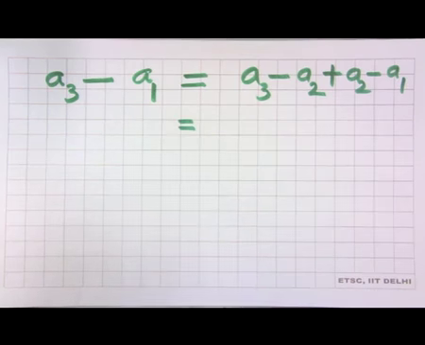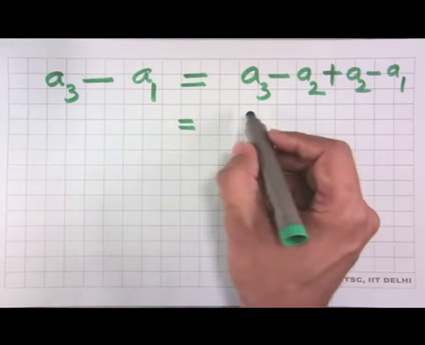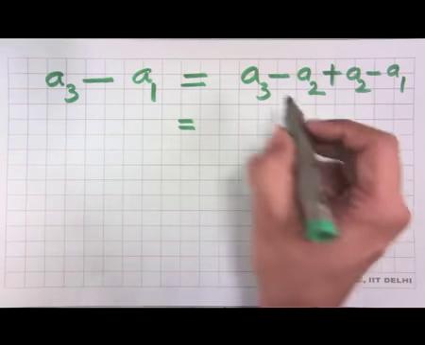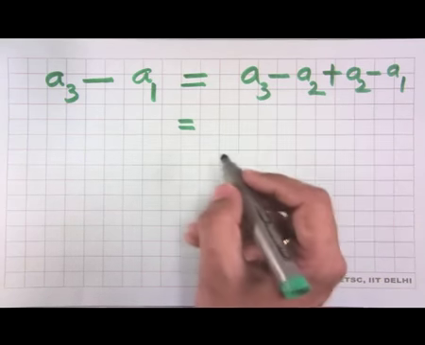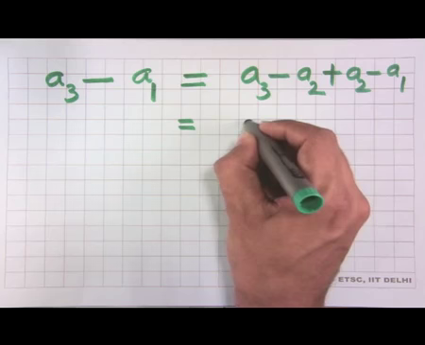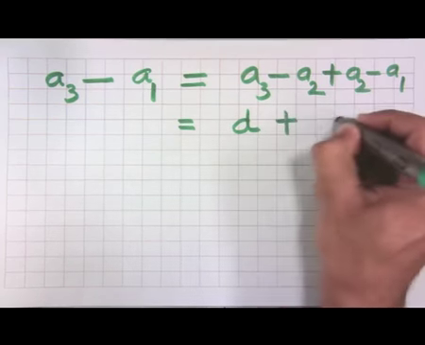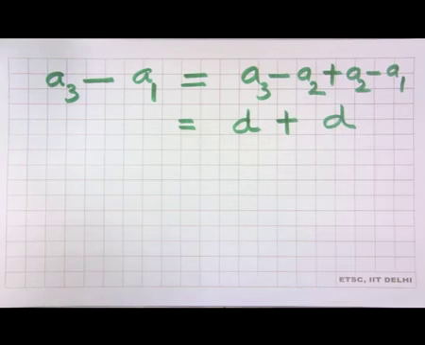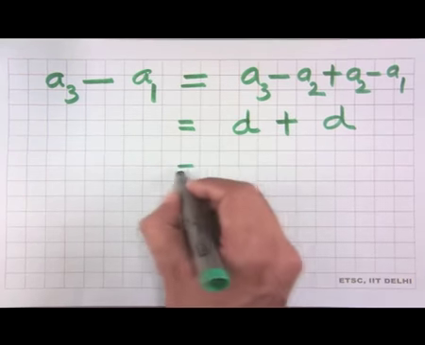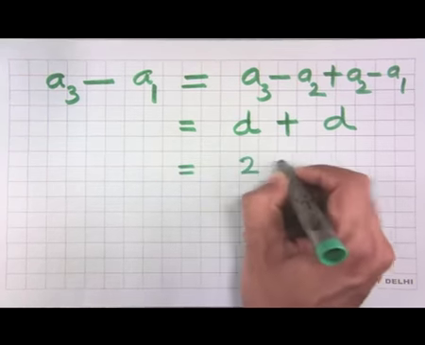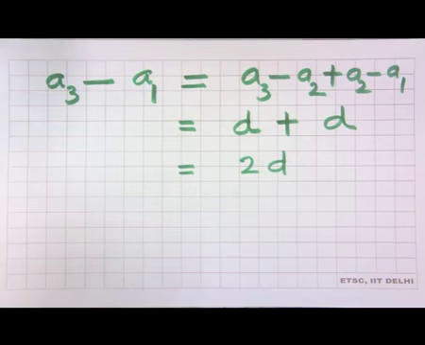Using the fact that A1, A2, A3 and so on is an AP, A3 minus A2 is the common difference D. Similar is the case with A2 minus A1. Therefore, A3 minus A1 is 2D.